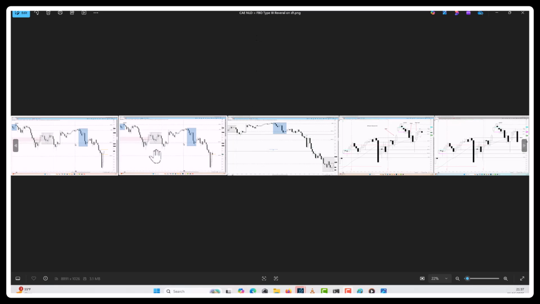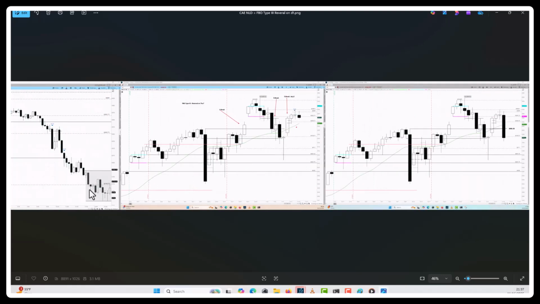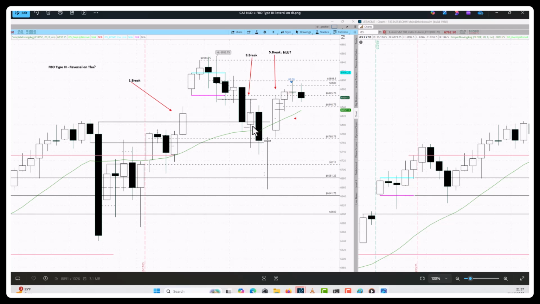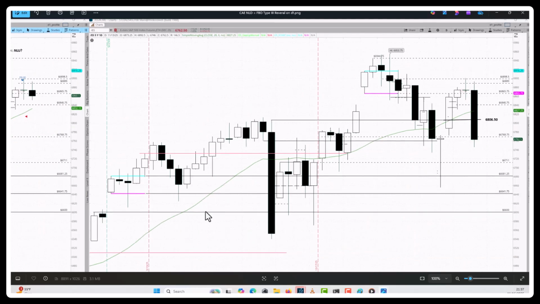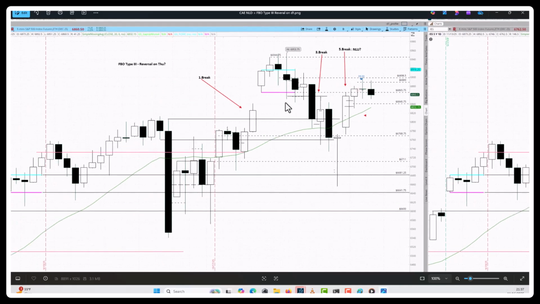So here's what we put together, right? To keep in mind, before the Thursday on the high time frame, we can see the setup for breakout right there at the level 6850 right there, this level. We see break number 3 there, then we anticipate that it's gonna happen on Tuesday, Wednesday, and it did not happen.